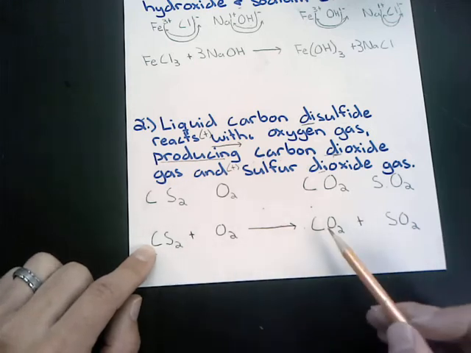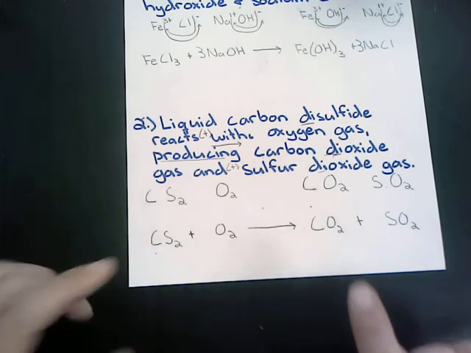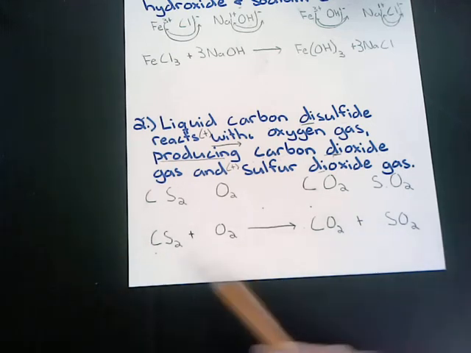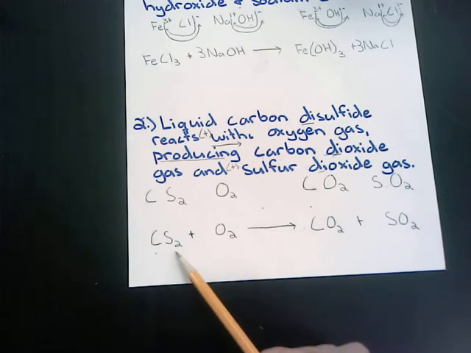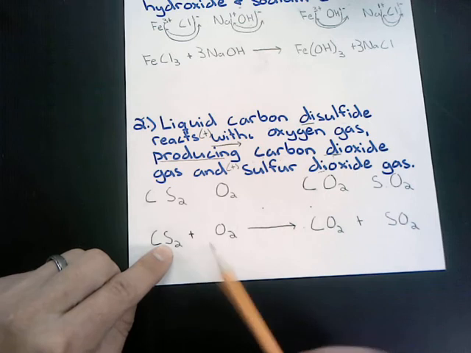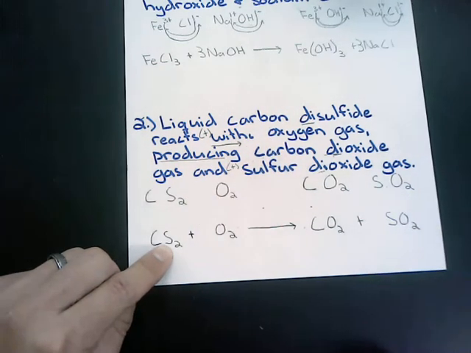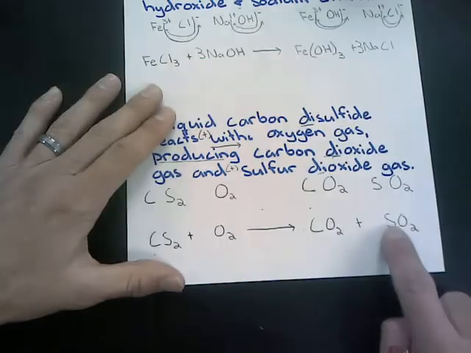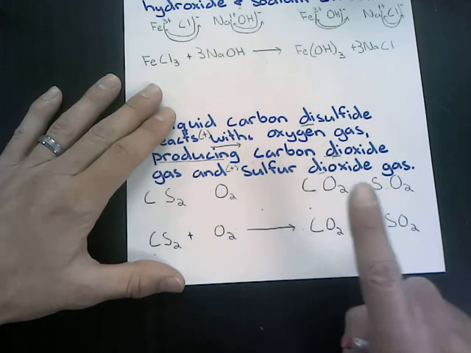Over here on the right, I find carbon again. Again, no subscript. That means I have 1. Those are balanced. We can move on here to our sulfurs. For CS2, you see there's a 2 to the right of sulfur. That means I have 2 sulfurs. I find sulfur on the right-hand side, and I have no subscript, so that means I have 1.